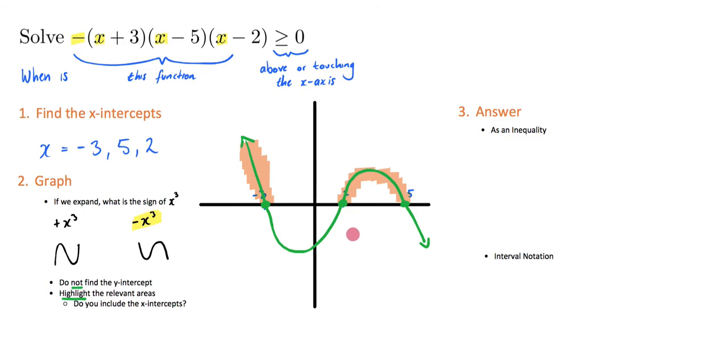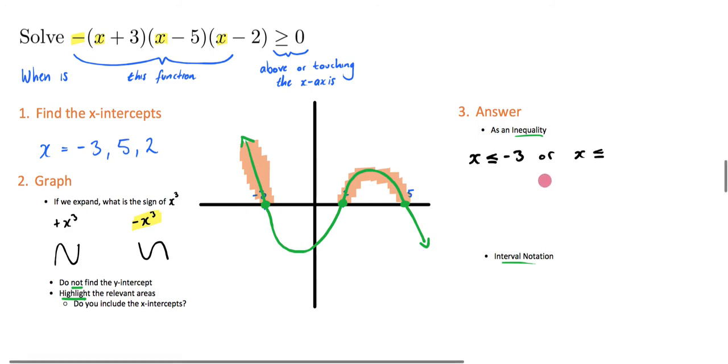Remember, the graph is not your answer. This is your answer right here. I can write it using inequalities, or I could use interval notation. Let's do both. So if I were to write it using inequalities, well, this region right here would be x is less than or equal to -3, or I could have x is less than or equal to 2 is, oh, sorry, that is wrong.